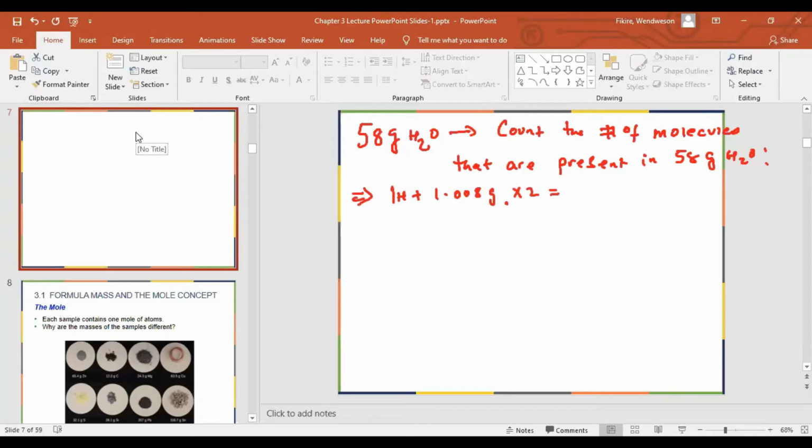Correct. And then you would do the same for oxygen below that, multiplied by just one for oxygen. Then you add those two and you get 18.015.